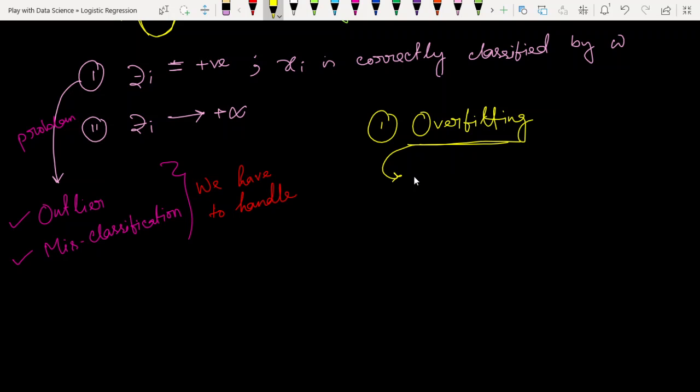But small changes in my data set will change it dramatically, drastically. This is called our overfitting problem, or simply our high variance problem. It will do a perfect job on our training data set.